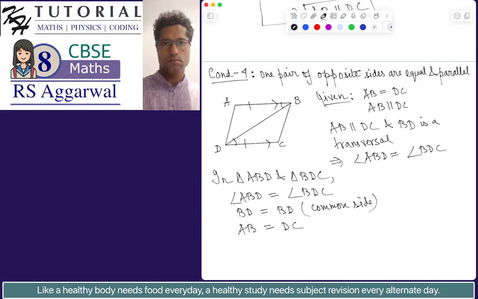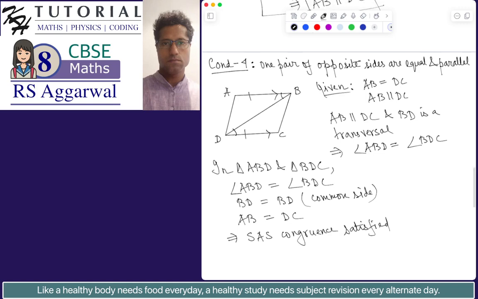So clearly we can see we have side, angle, side congruence satisfied. The alternate interior angles are the angle between the two equal sides of the two triangles. So SAS congruence is satisfied.